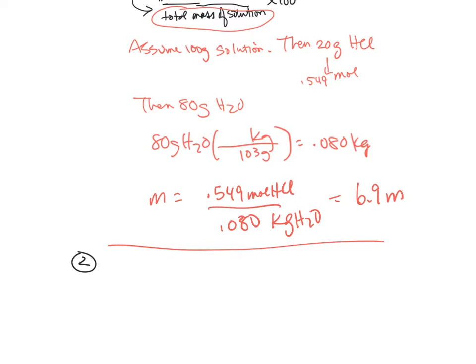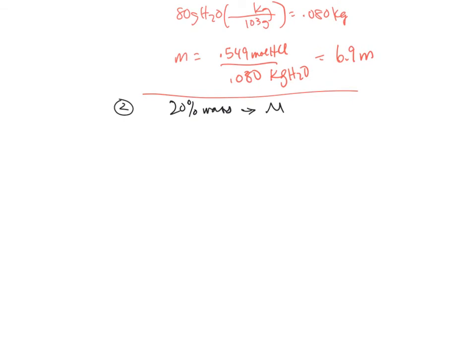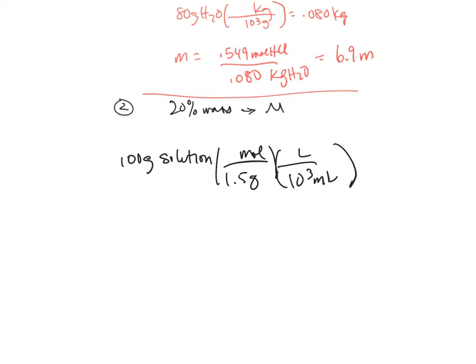Second part, your 20% by mass solution now. 20% by mass going to molarity. And you're going to have 100 grams of solution. Use the density 1.5 grams per milliliter. And then you have 1,000 milliliters in a liter.